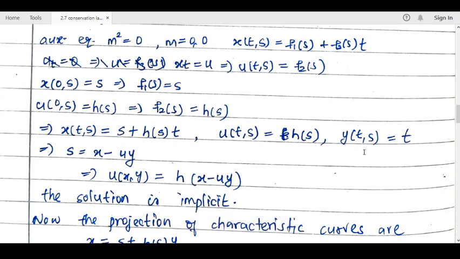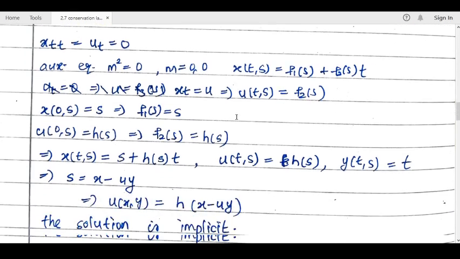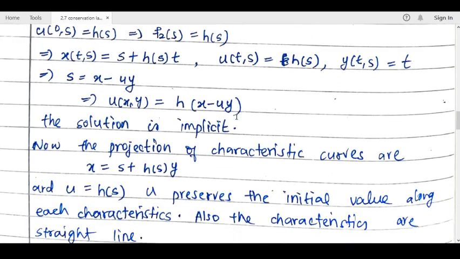And y we can get by direct integration because y_t is 1, so we get t. If you apply the initial condition, you can see that the constant should be 0. So after applying the initial condition, I get y equal to t. So these are our characteristic curves: x equal to s plus h of s times t, y equal to t, u equal to h of s.